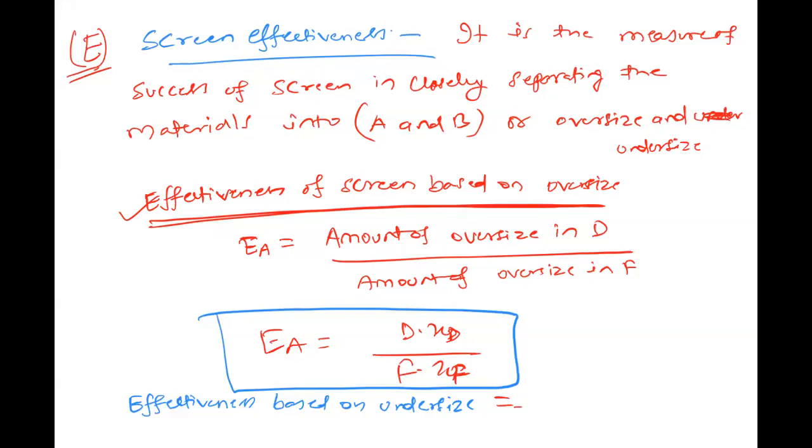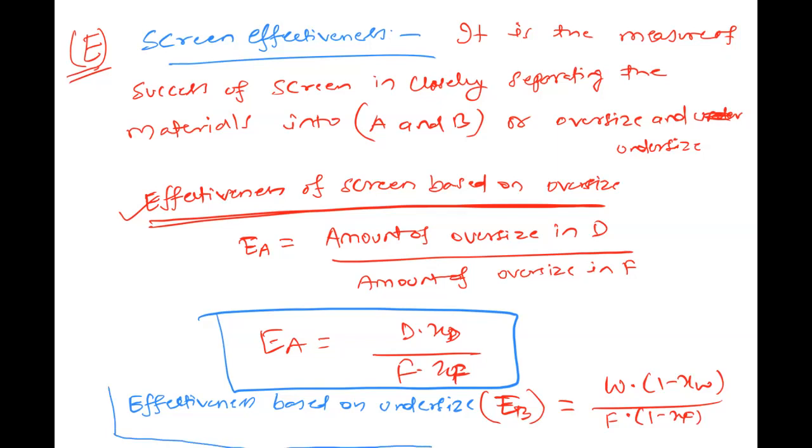So it will be EB equal to W into 1 minus XW divided by F into 1 minus XF. Please note down this. EB equal to W by F, means W into 1 minus XW divided by F into 1 minus XF.